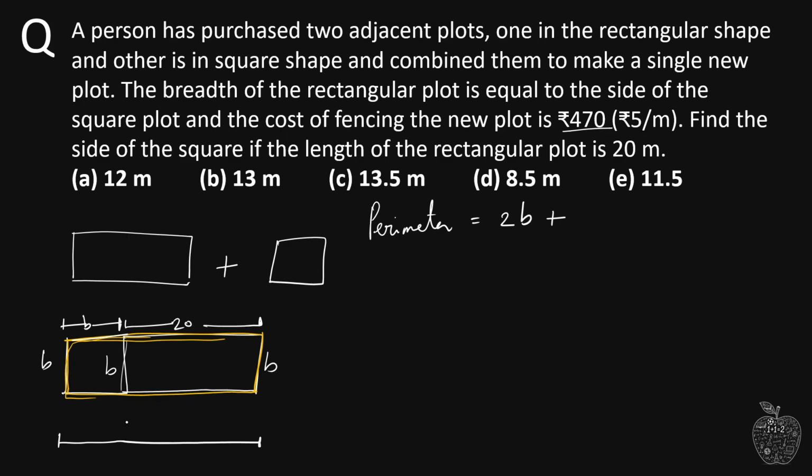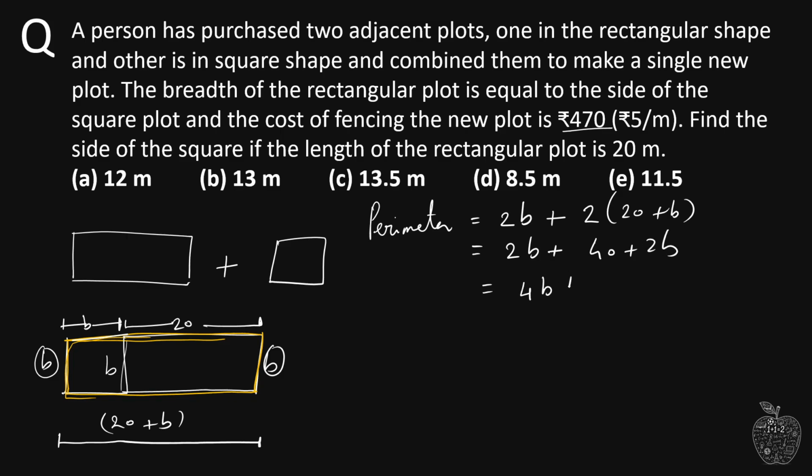It will be 20 plus B, right? So we have the perimeter as 2B and 2 times this, so 2 times 20 plus B, we get the perimeter as 2B plus 40 plus 2B, or I can say that this is 4B plus 40. So now we know that 4B plus 40 meters of fencing is to be done, right?